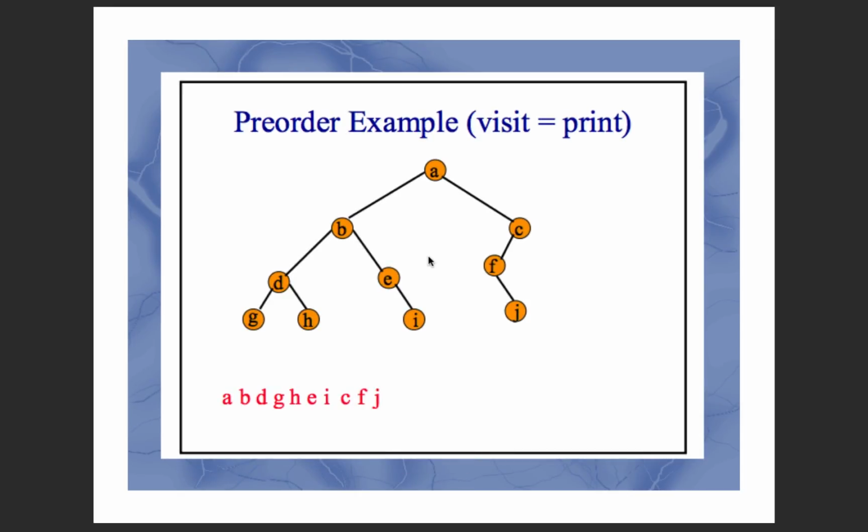Now if you have a larger tree, how do you print that one? You print the root node first, A, then you go to the left one, B. When you come to B, you see that this is another subtree, so you print B, the root of this tree. After printing B, you go to the left subtree.